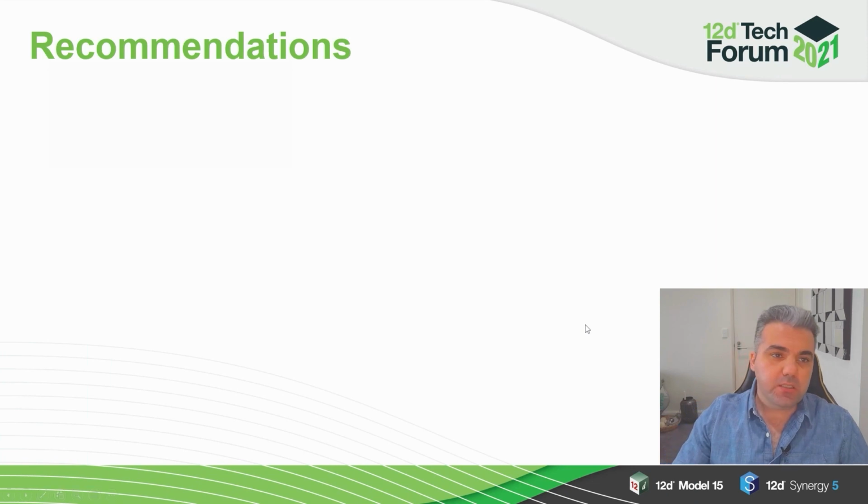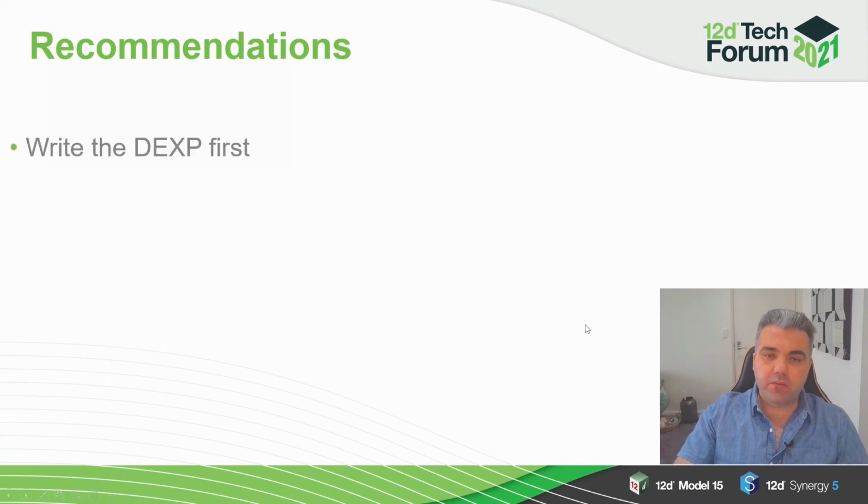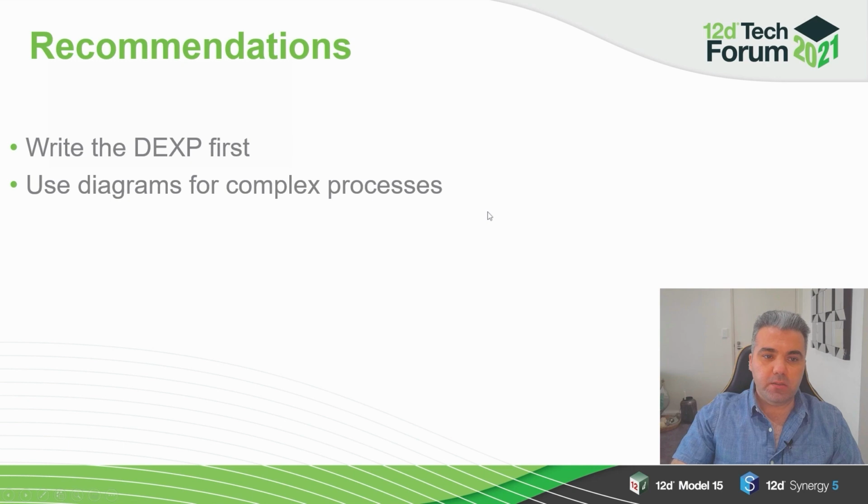So recommendations: I really advise that the person who's looking after the DE starts first with the DEXP, the Digital Engineering Execution Plan. It's the most important document in your project. It outlines how you're gonna build this digital model and deliver it to the client.